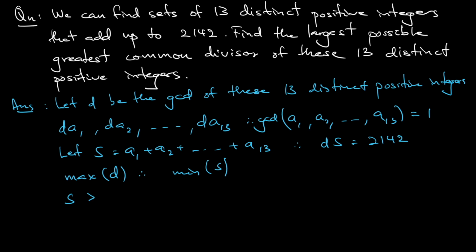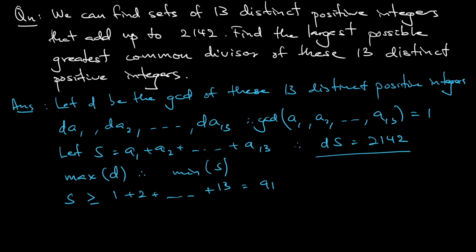So even the smallest this sum can be is 1 plus 2 plus all the way until 13. It cannot go below that. And 1 plus all the way until 13 is 13 times 14 divided by 2, so 13 times 7, that's 91. So S is greater than or equal to 91.